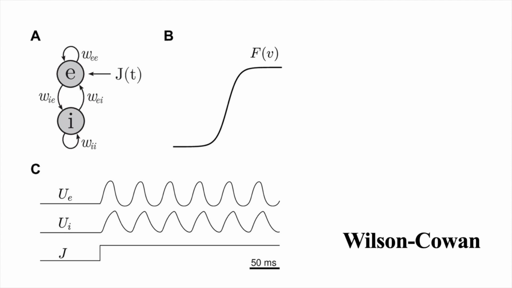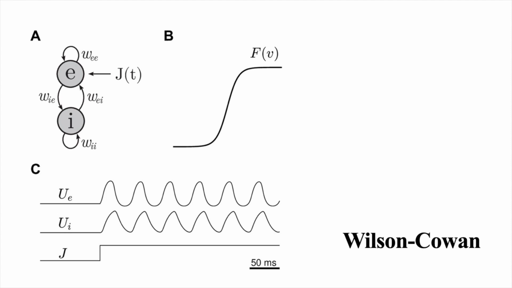So UE is the mean firing rate of the excitatory population, and likewise UI is the firing rate of the inhibitory population. Those firing rates are governed by a classic sigmoidal firing rate function which relates the strength of the synaptic bombardment of that population with its firing rate response.